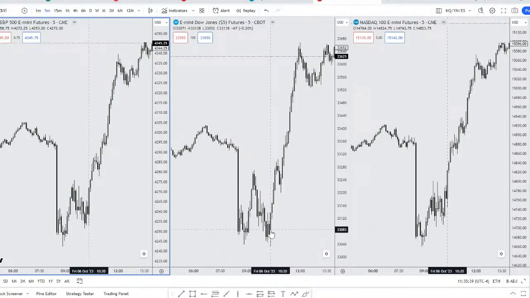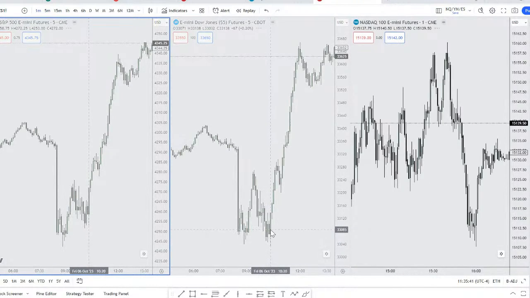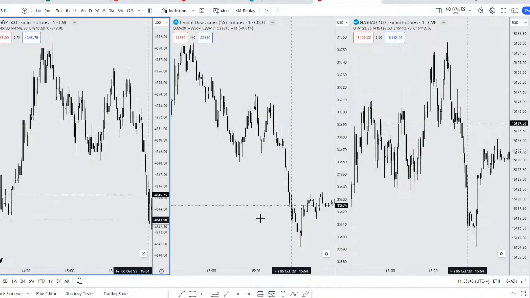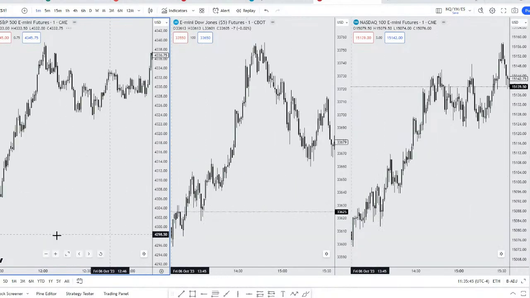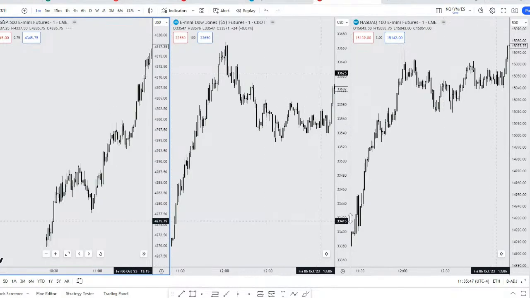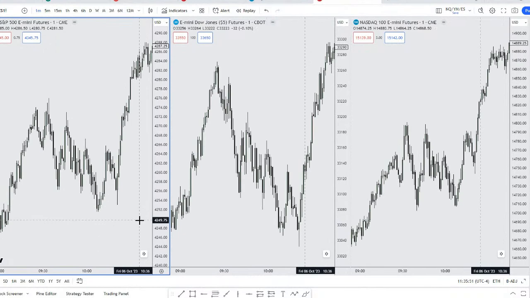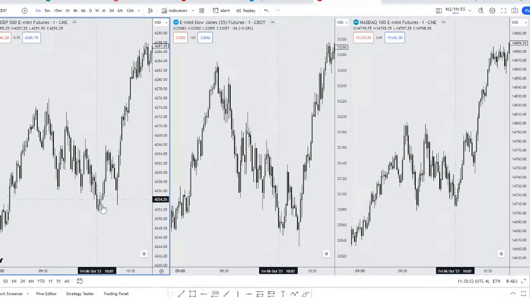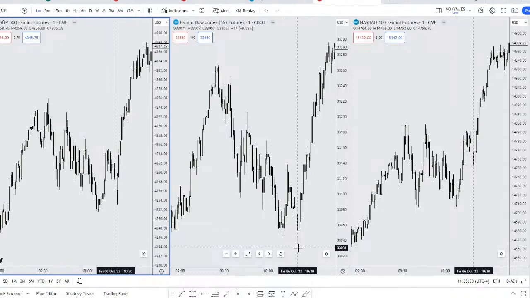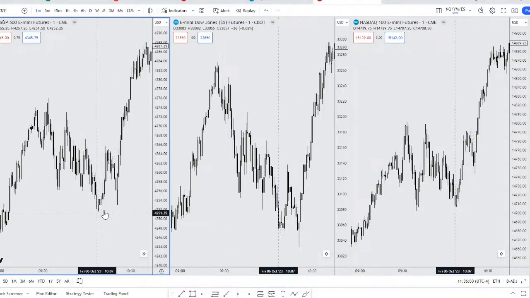And it's great to see that we have SMT here as well. On the 1 minute time frame, this was basically how it looks. So you have SMT here as well, even on the lower time frames.